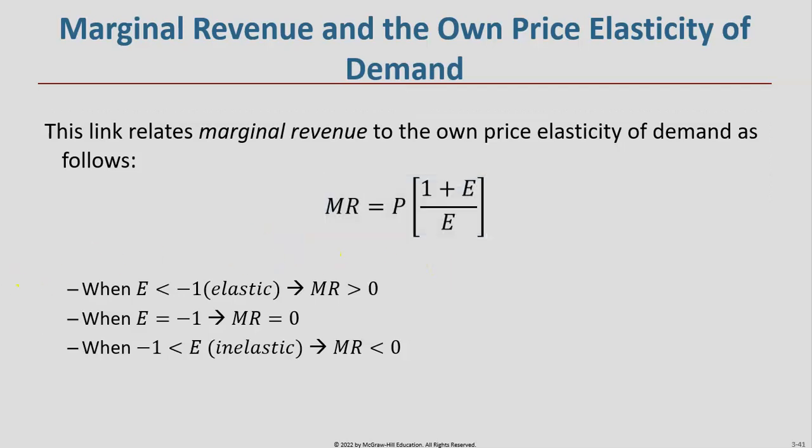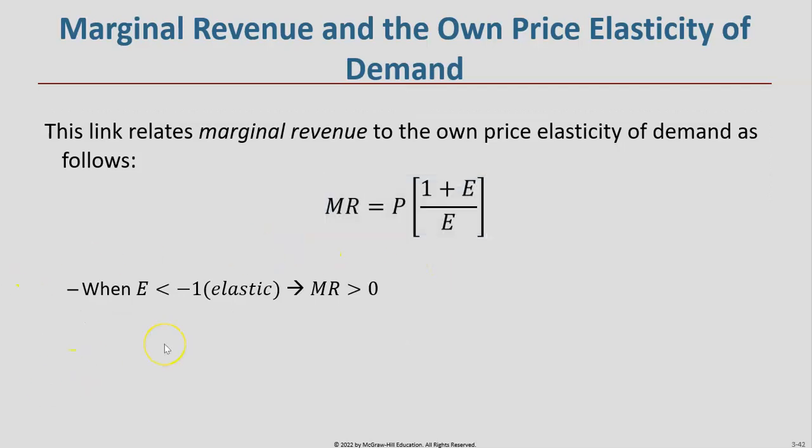Okay. So when elasticity is less than -1, when demand is elastic, then that means marginal revenue is going to be greater than 0. Okay, so let's look at a number example.